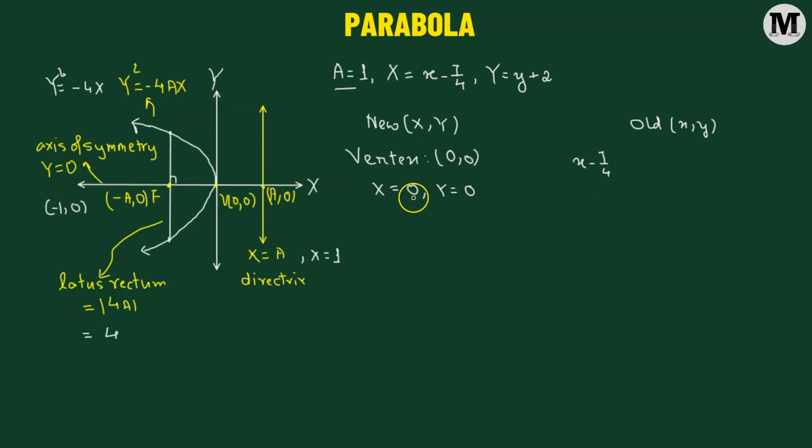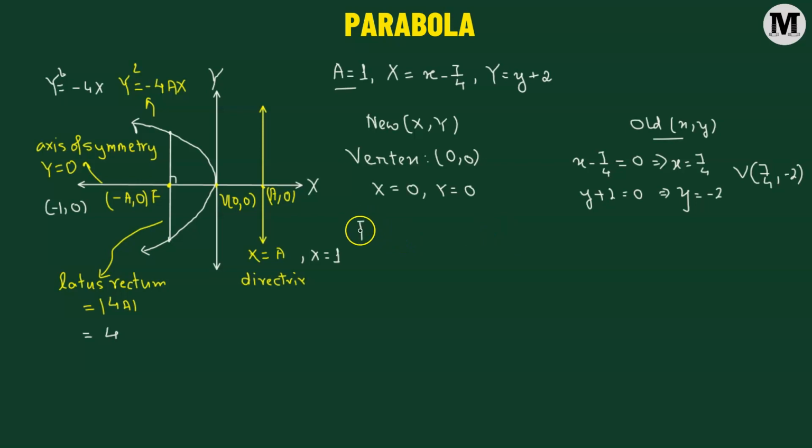So x minus 7 over 4 equals 0, which gives us the value of x as 7 over 4. Then similarly, we have y equals 0. So here we'll replace the value of y with y plus 2, so that y plus 2 equals 0, giving us y equals negative 2. So the coordinates of the vertex will be 7 over 4, negative 2. This is according to the old coordinate system.